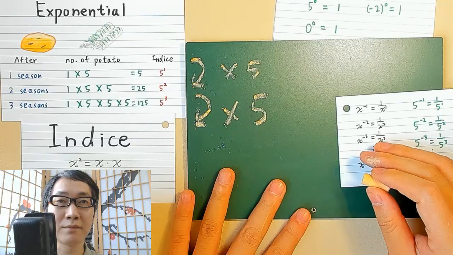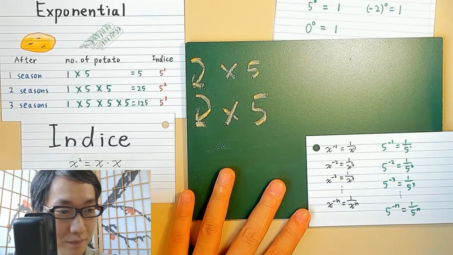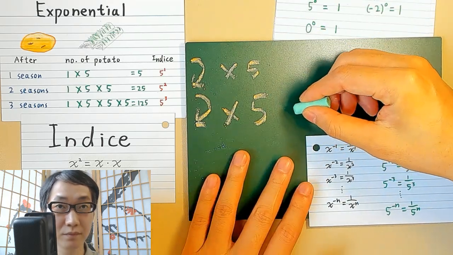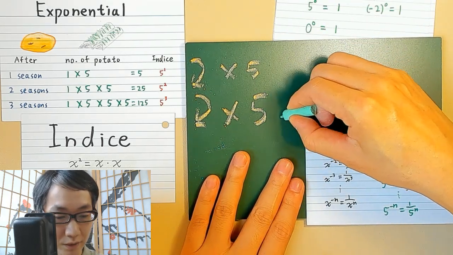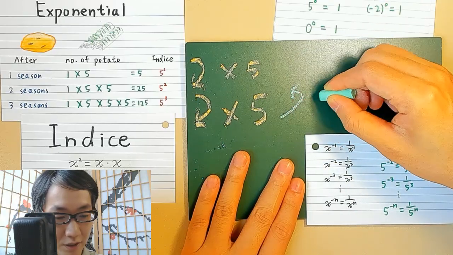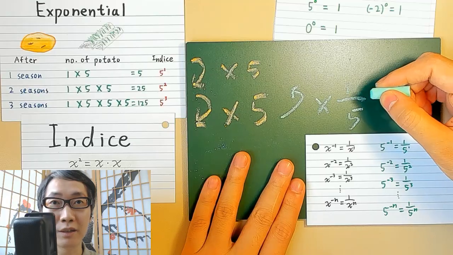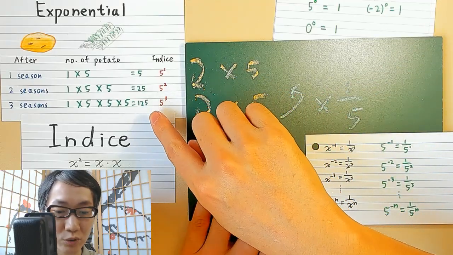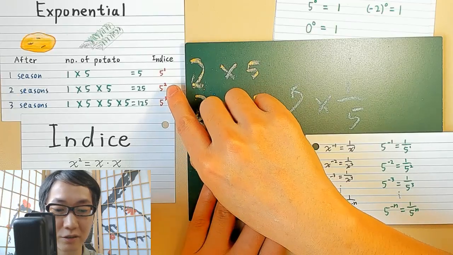Okay, and if we go back from season 3 to season 2, it is times 1/5. Okay, 125 times 1/5 is 25, or 5 to the power of 3 times 1/5 is 5 to the power of 2.